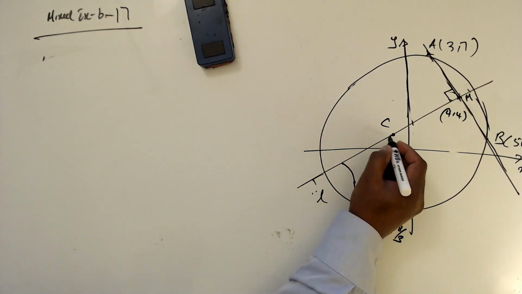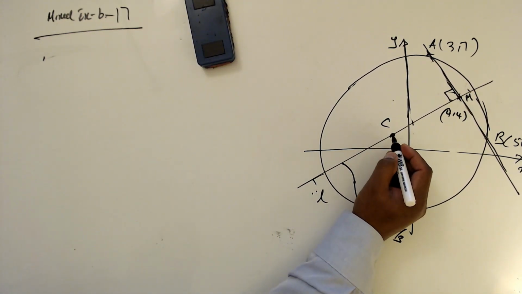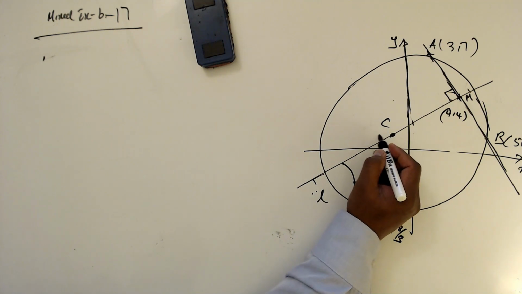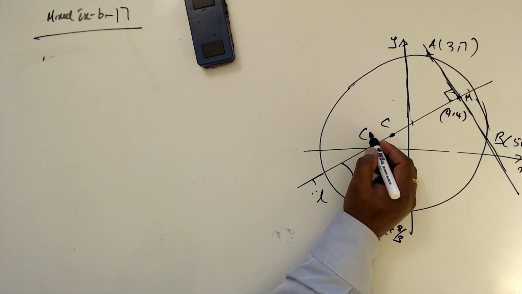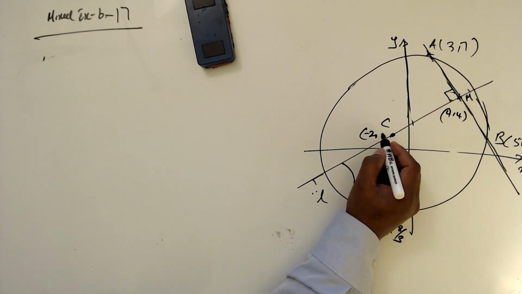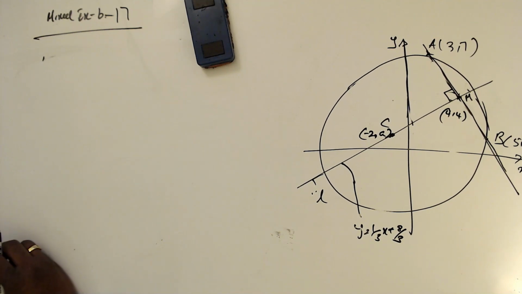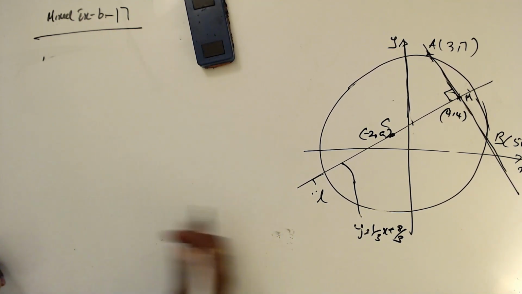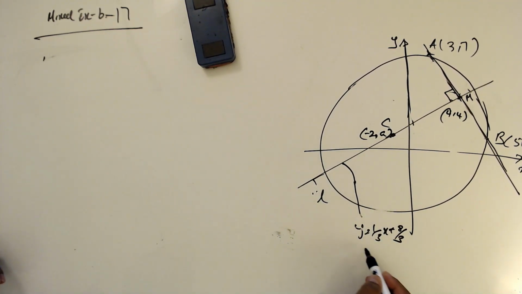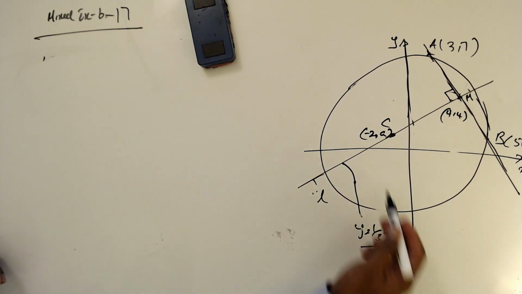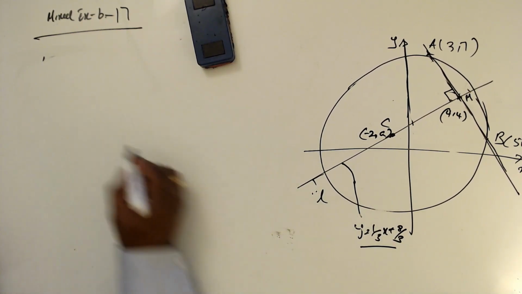Now given the coordinate of C, the x coordinate is given as minus 2. The y coordinate I will take as simply a. So this is the center, (minus 2, a). But now this point (minus 2, a) is on this line. Then I can find a.